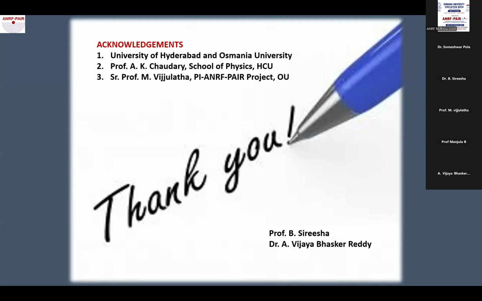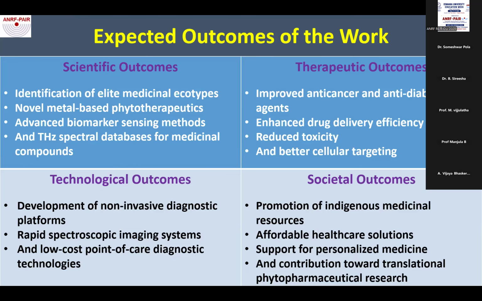In the scientific outcomes, it is the identification of the elite ecotypes. This is because of the sophistication of the terahertz instrument, which can give the imaging of the compounds, and by imaging the compound, we can also get the mechanism of action.